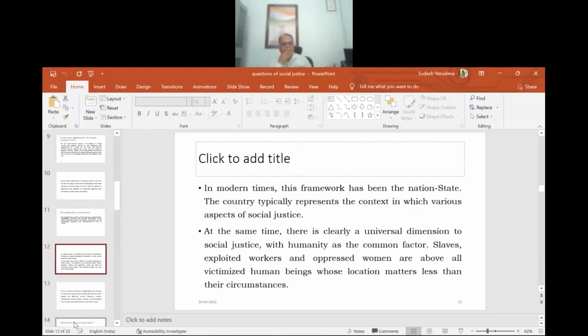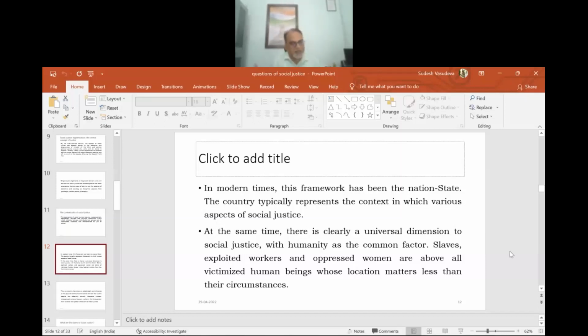The application of social justice is contextual in the sense... So far, I have not arrived at a conclusion that social justice is a universal concept.